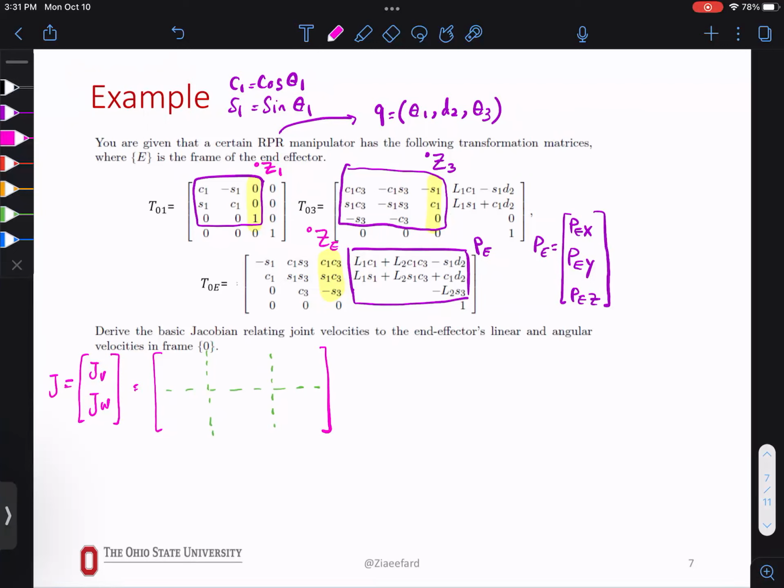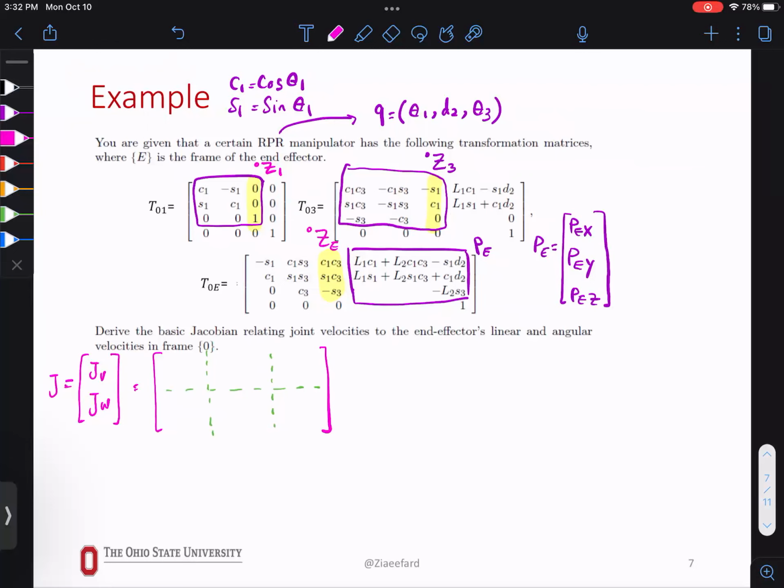Now, let's start with the easy one. Which one is the easier one? Is it the angular part of this matrix or the linear part of it? Angular. It is, because all we need to know is the direction of the axes, right? We have 3 joints, we need 3 directions. What is the direction of joint 1?